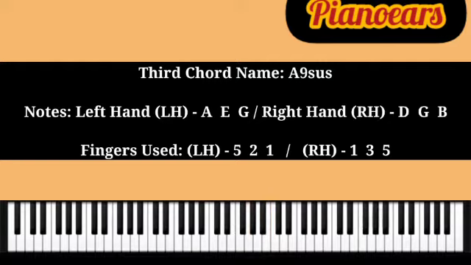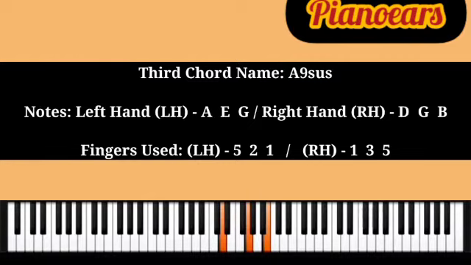So on the right hand you have these notes. The thumb on your right hand plays D. The middle finger, the third finger on your right hand, plays G, and the fifth finger, the smallest finger on your right hand, plays B. So you have D, G, B. The notes on the right hand sound like this.